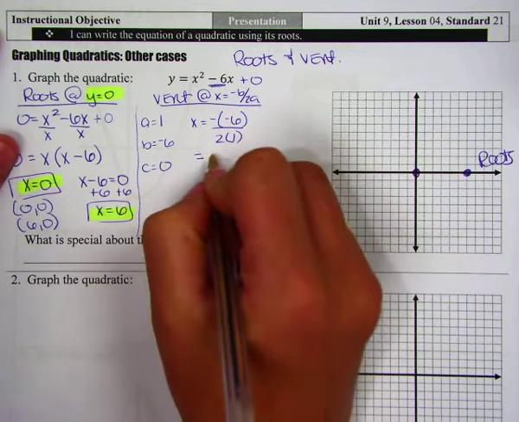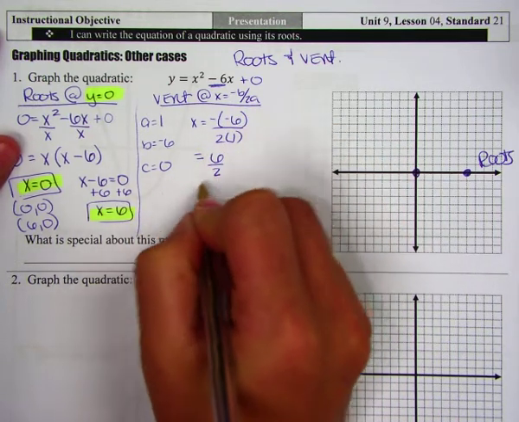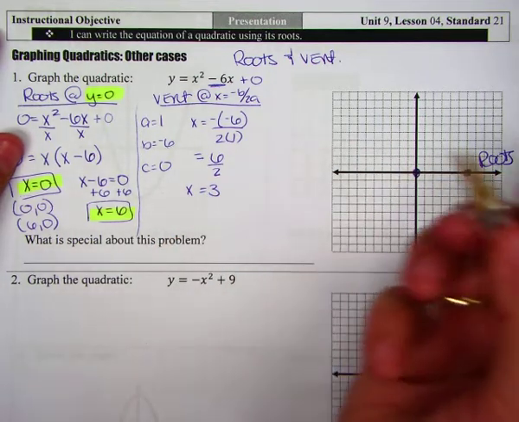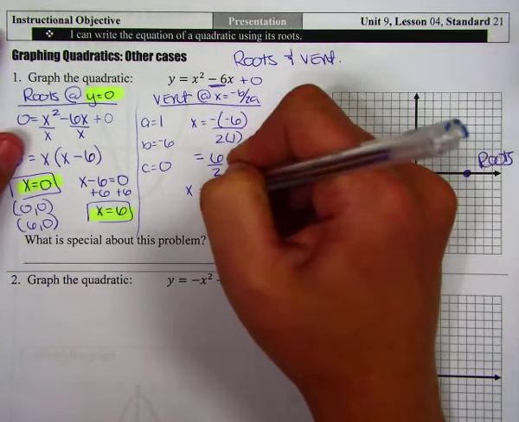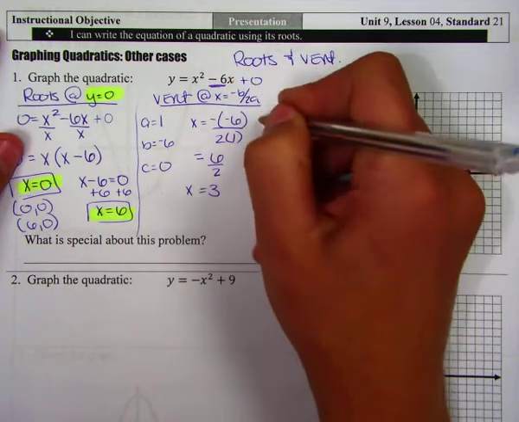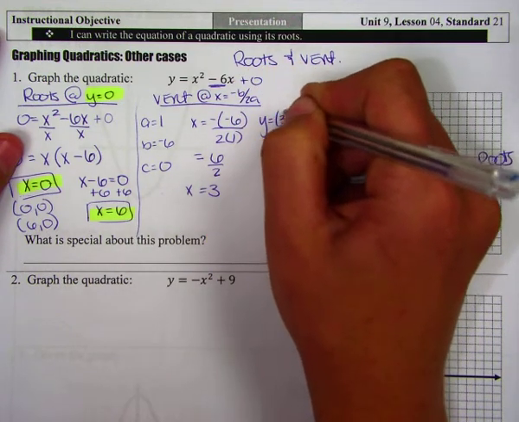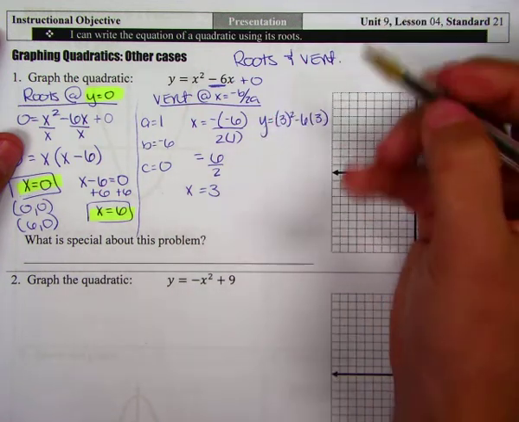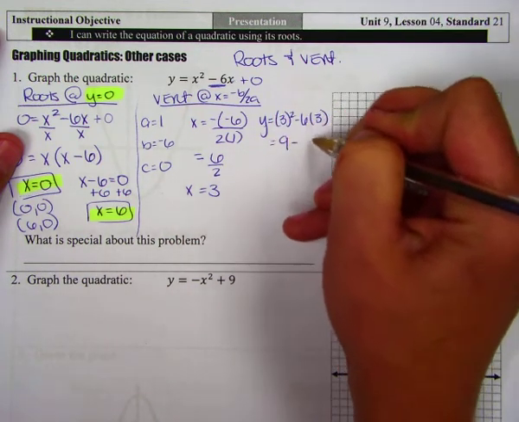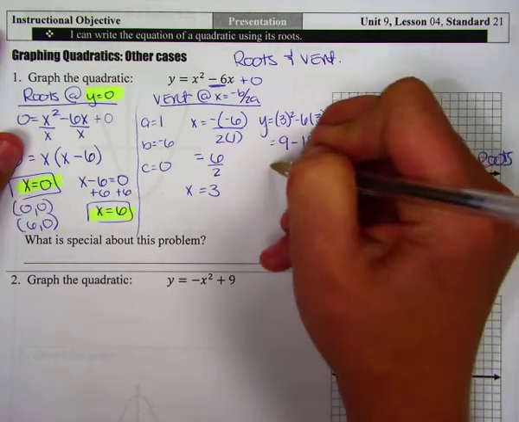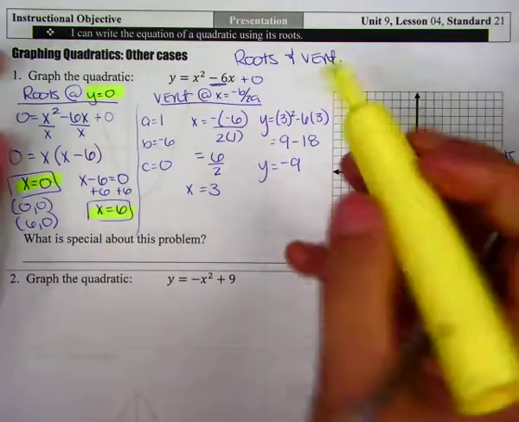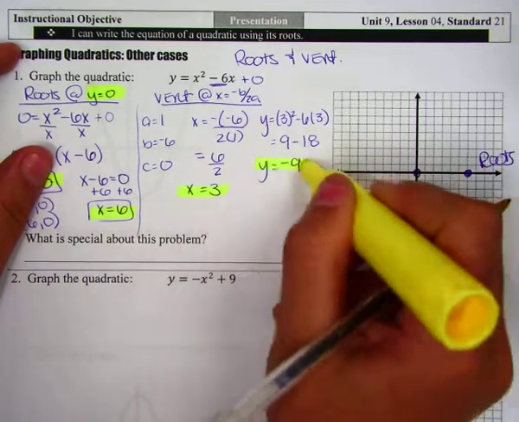So x equals 6 over 2, x equals 3. So the x-coordinate's 3. I'm going to substitute the x-coordinate back into the original equation so that I can solve for y. 3 squared is 9. 6 times 3 is 18. 9 minus 18 is negative 9. So the coordinate of my vertex is (3, -9).